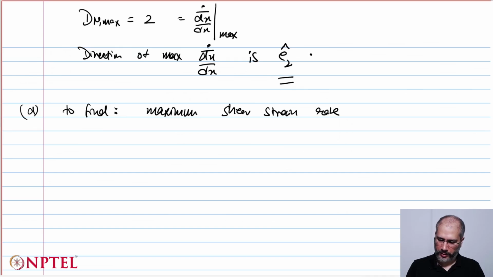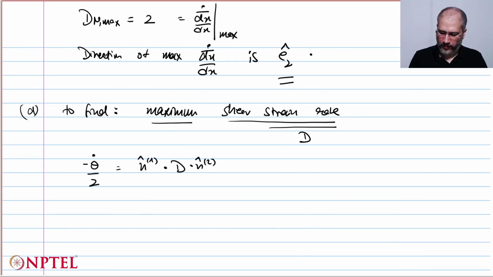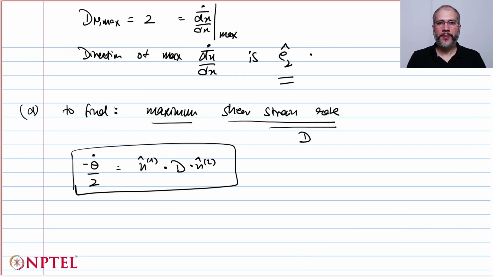Now in part D, we have to find the maximum shear strain rate. Strain rate is nothing but the rate of deformation, and the shearing is quantified using this equation, where theta dot is the change in right angle between two perpendicular vectors n1 hat and n2 hat.